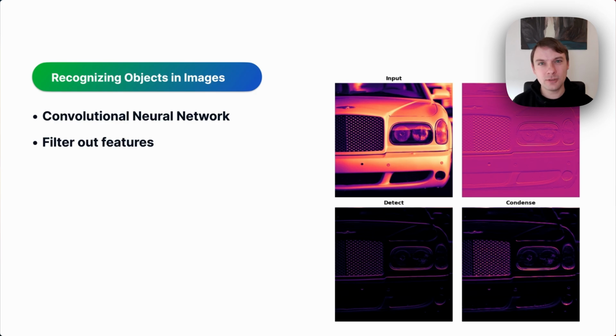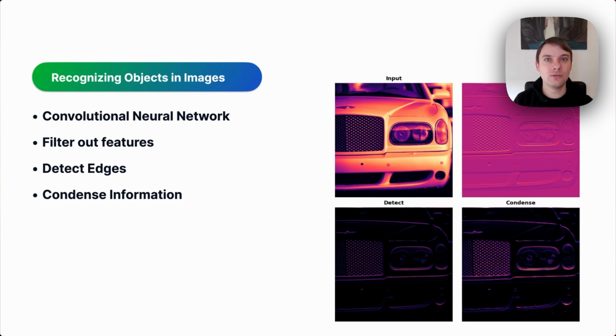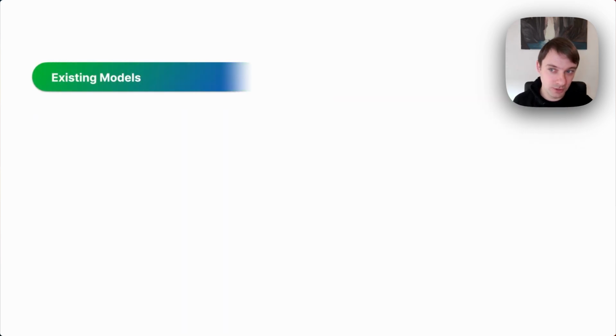Then we filter it out a bit more, so we detect edges. And then in the end, we condense this information. Usually we also resize our images to the minimum amount possible so that we don't have to process that big amount of pixels. And this is how this process works.